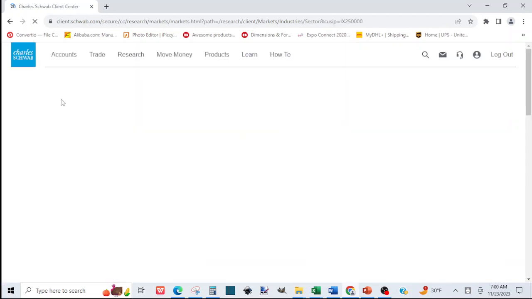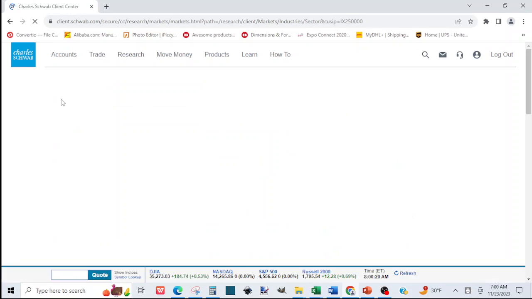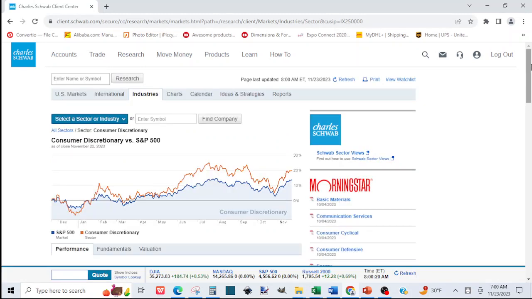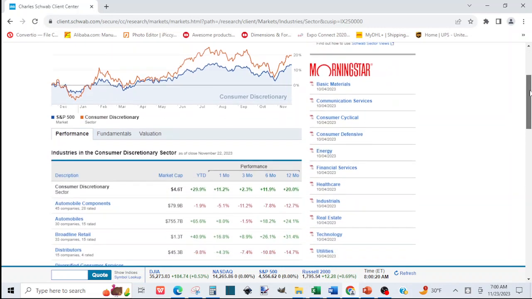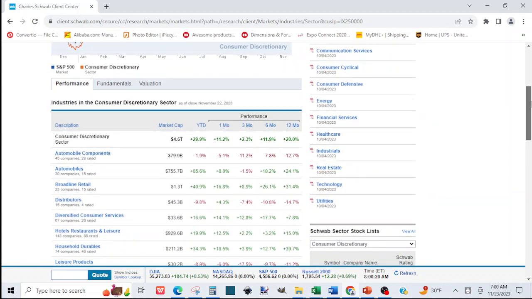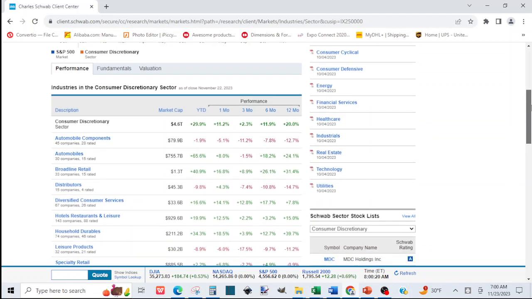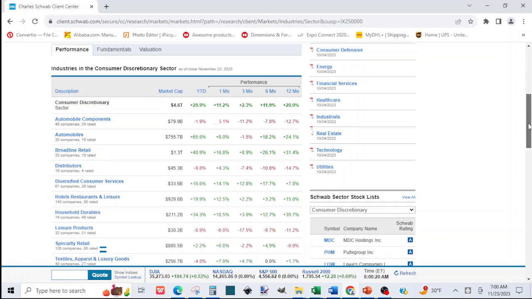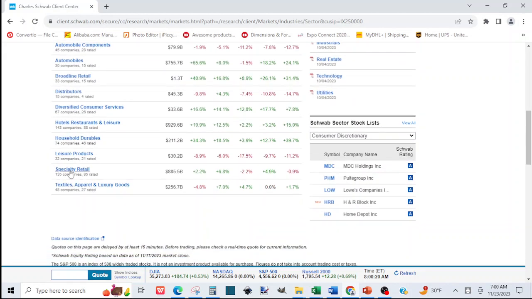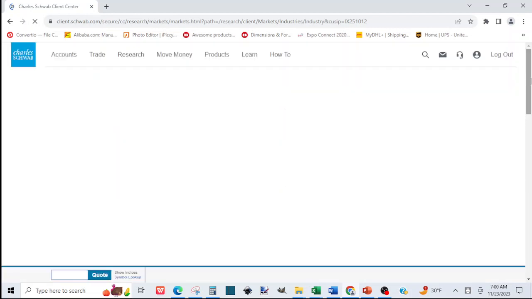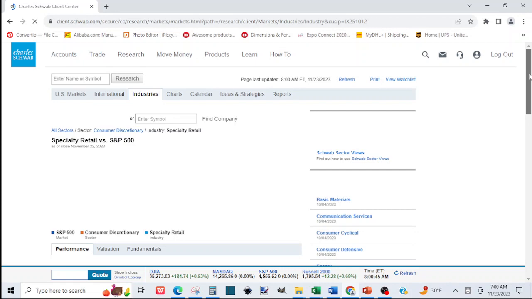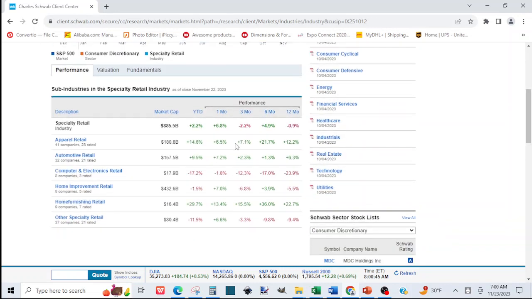And today we are going to look for automotive. So how do I find dividend stocks in the consumer discretionary sector, in the specialty retail industry, and in the automotive retail sub-industry.